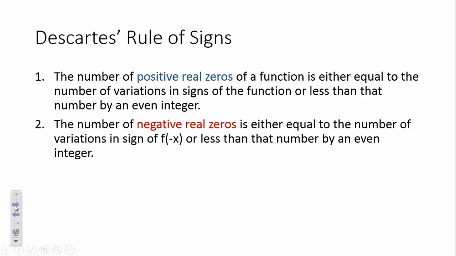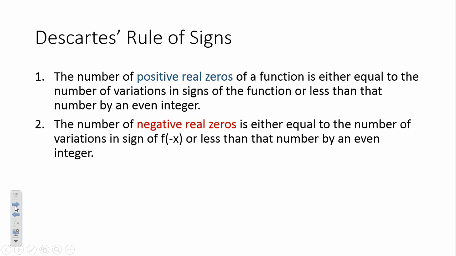Okay? 3 sign changes, you're going to have 3 positive reals or 1 positive real. If you had 5 sign changes, you'd have 5 positive reals, 3 positive reals, or 1 positive real. Okay? If you had 4 sign changes, you could have 2 positive reals or 4 positive reals or 0 positive reals. Always goes by 2s, thanks to those complex conjugates.